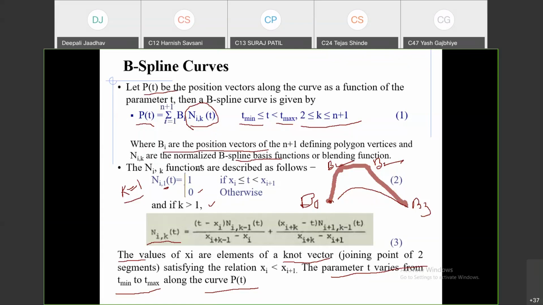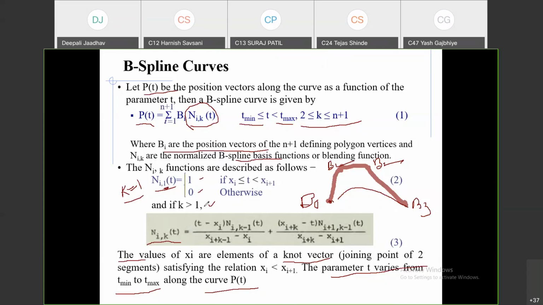So how do we find the Nik blending function? Initially it is calculated for Ni1 when k is equal to 1. Why is k always greater than 2 afterwards? First we need to identify that. So Ni1(t) is equal to 1 if t is greater than or equal to xi and less than xi plus 1, otherwise it is 0.